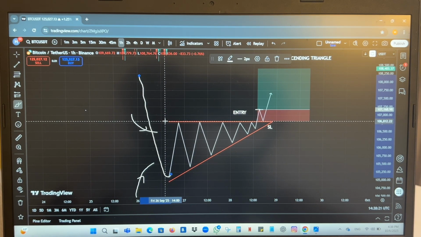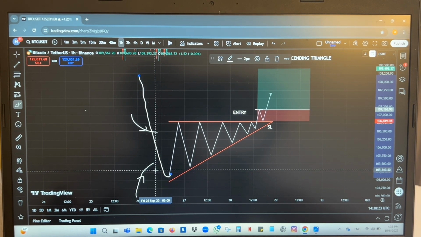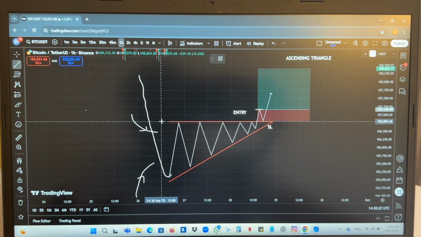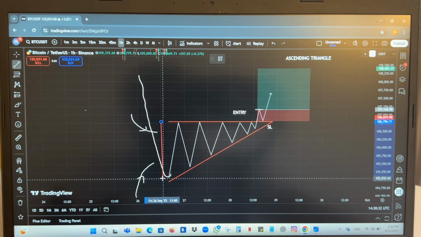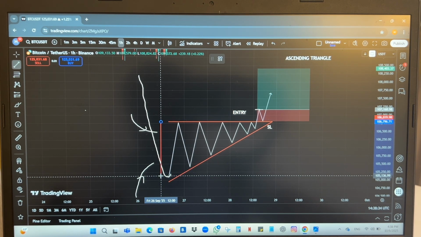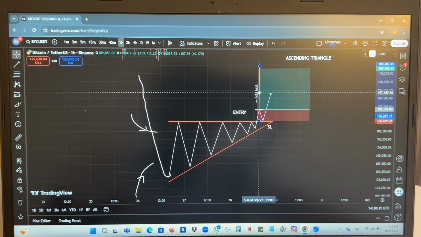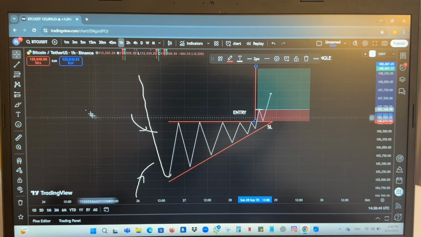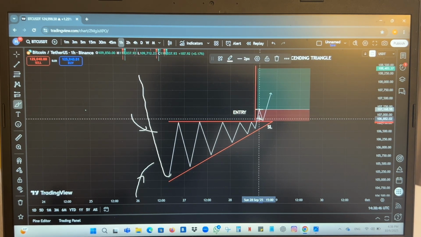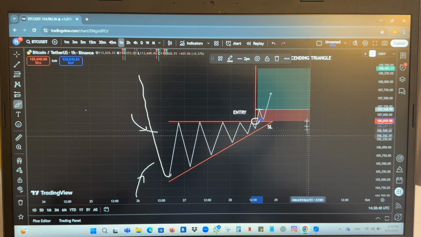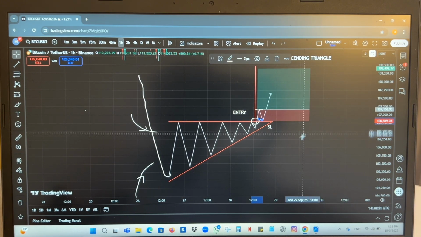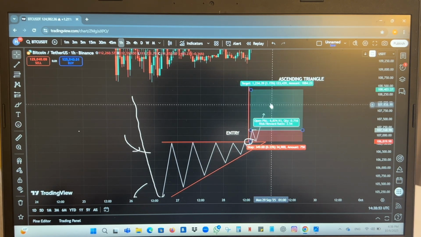So if this happens, for the TP you have to get the length from the top trend line to this low, and you get that line and put it at the break point where it breaks this trend line, and then you have a good idea where to put the TP.